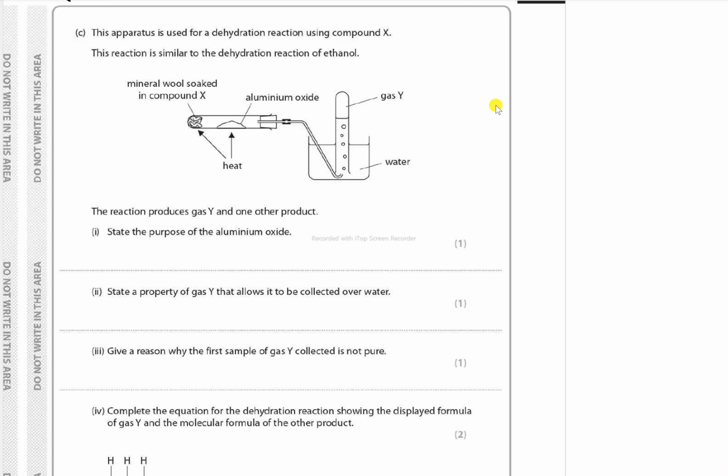Right. The reaction produces gas Y and one other product. Okay, so here it's a dehydration. Aluminium oxide, heat. Right, state the purpose of aluminium oxide.